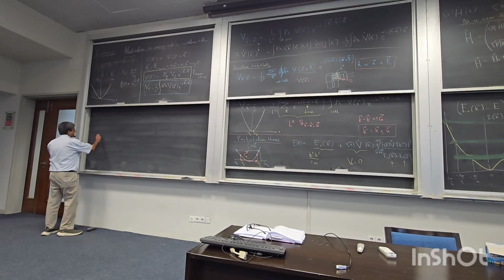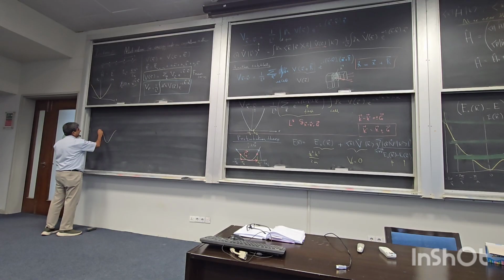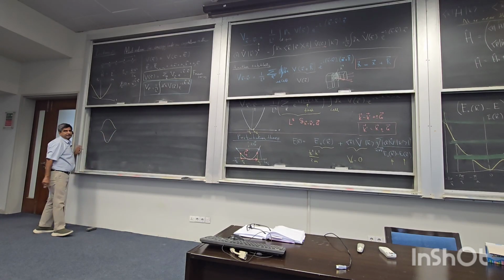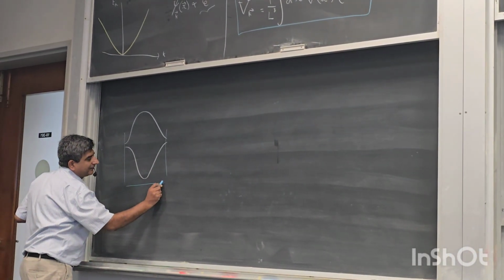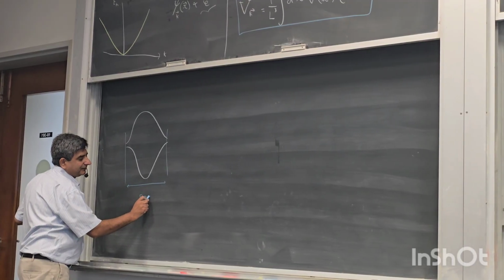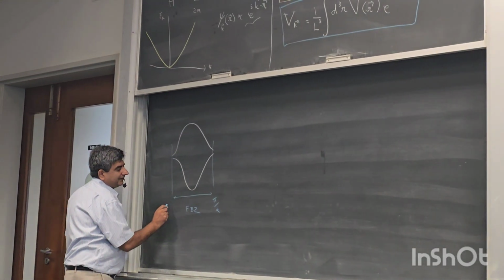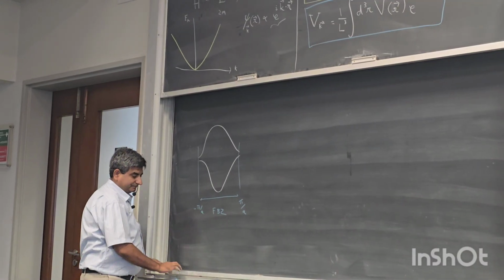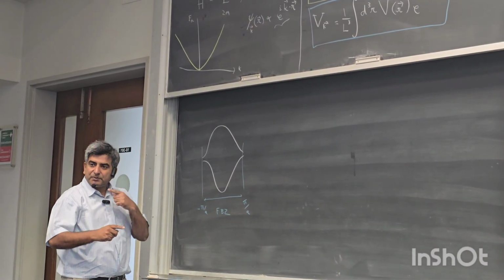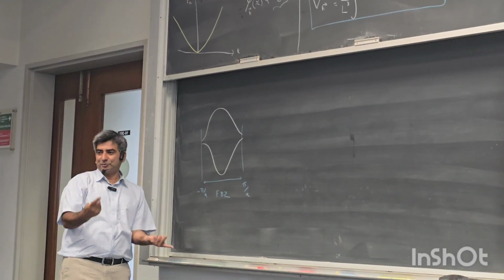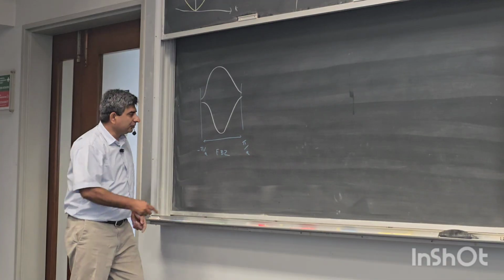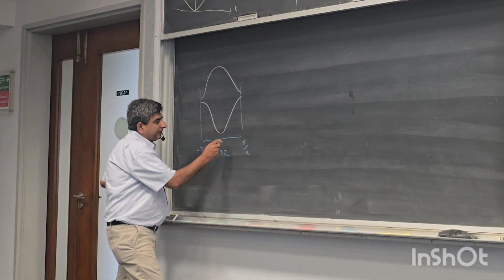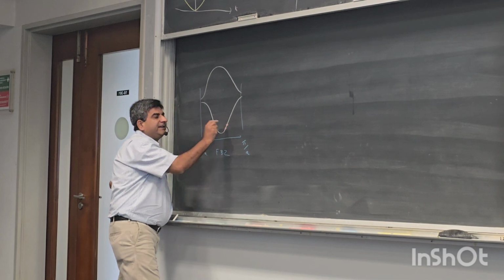Now if I have a band like this and the next band like this, suppose this is the first Brillouin zone, correct? In 1D this is pi by a, this is minus pi by a. Because of the periodic boundary conditions that you already know, you can apply the Born-von Karman conditions. You know that this band is really composed of finely spaced k points.